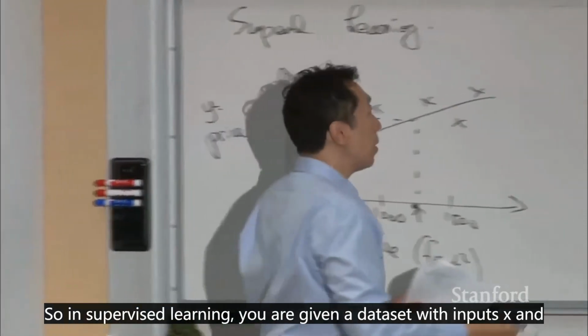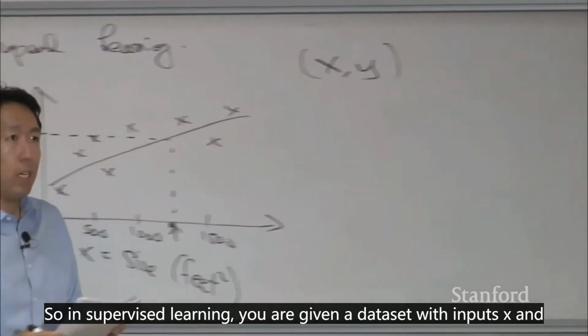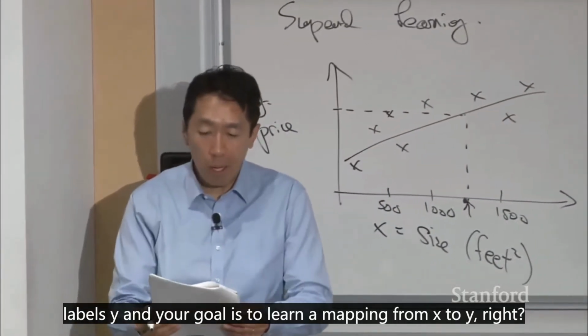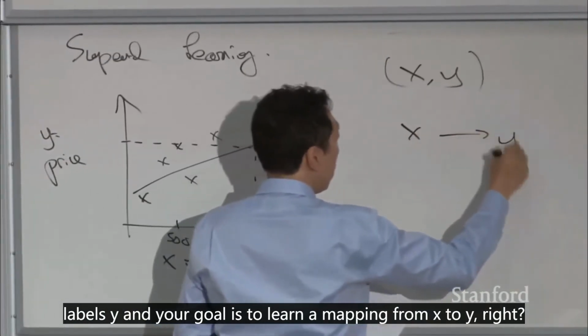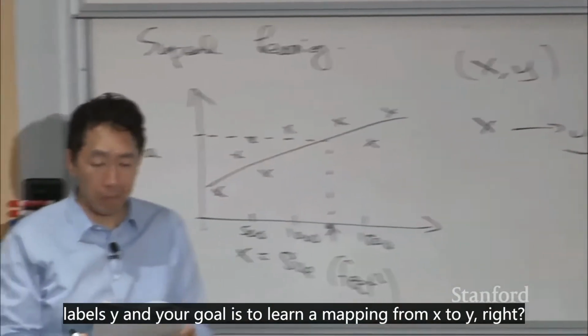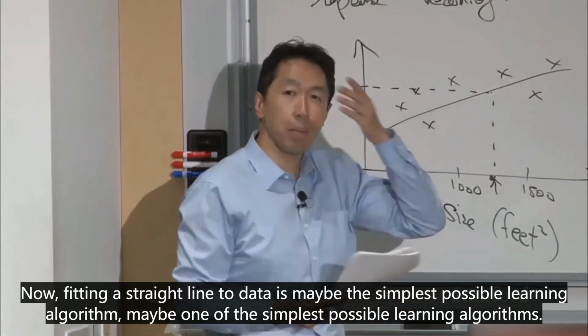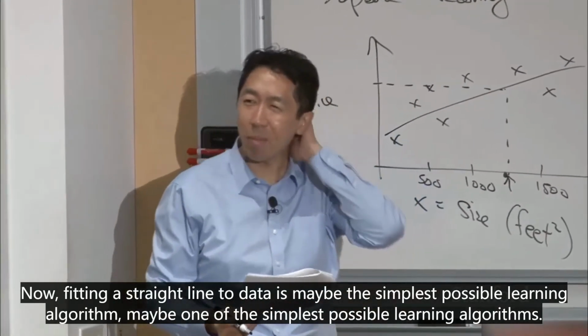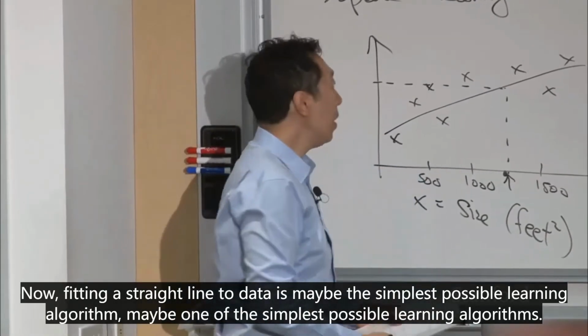So in supervised learning, you are given a data set with inputs X and labels Y, and your goal is to learn a mapping from X to Y. Now, fitting a straight line to data is maybe one of the simplest learning algorithms.